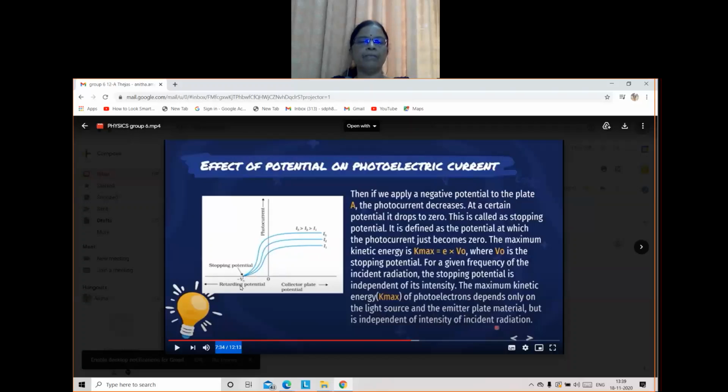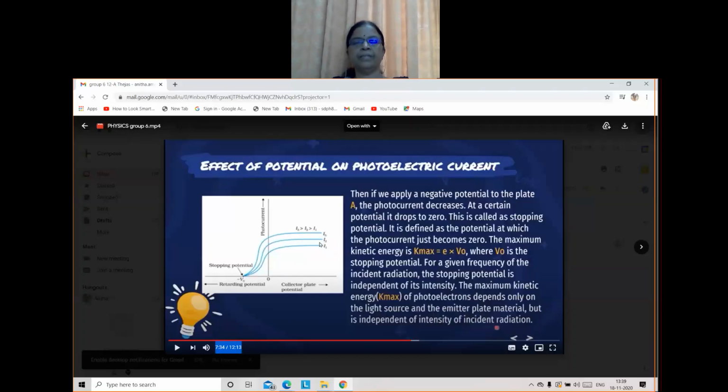Then we got a potential, minus V0. All the ejected photoelectrons were stopped. That is the stopping potential. We got minus V0 for the intensity I1, and then we increase the intensity.